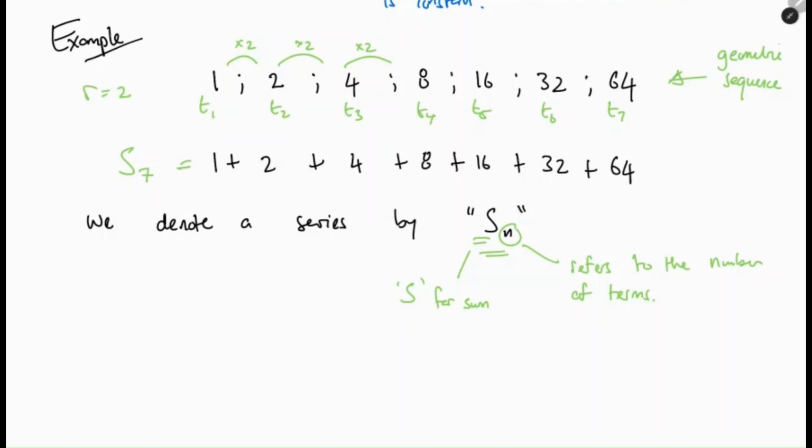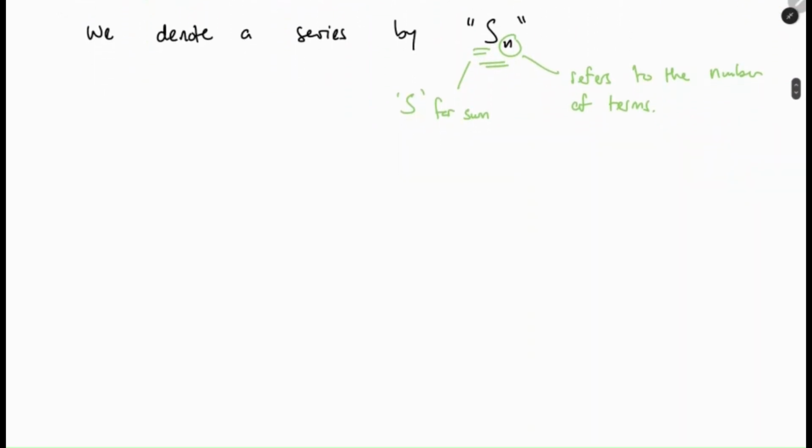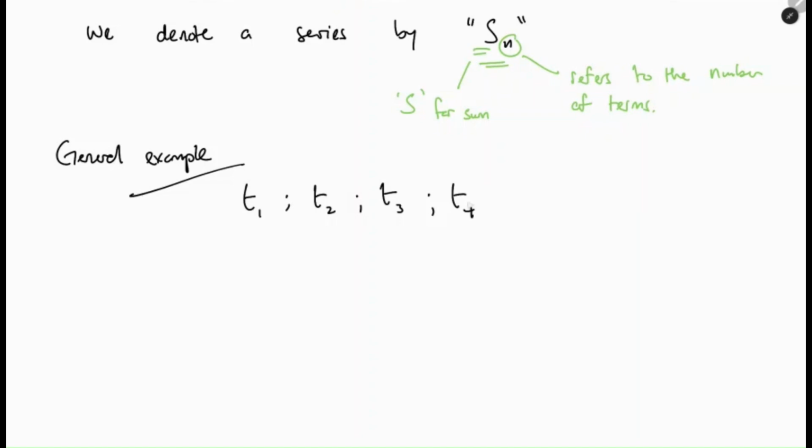Okay, so that's a specific example, but now let's look at a more general example. Let's say we have a sequence like this, and it can go up to, let's include T(n-1) and then stop at Tn.